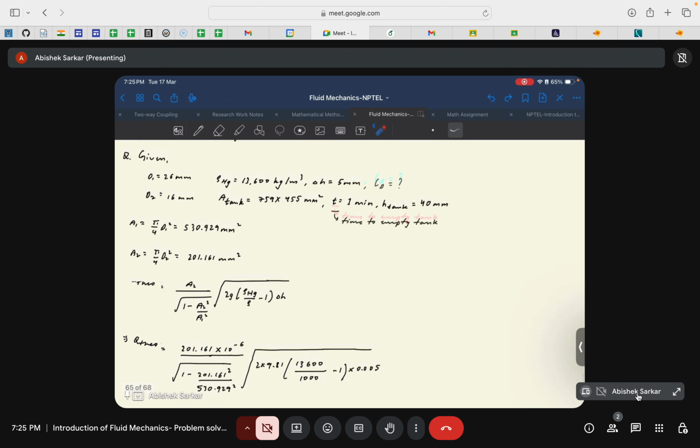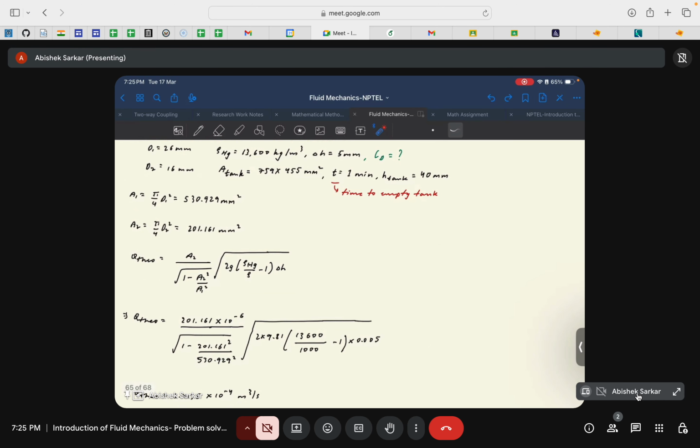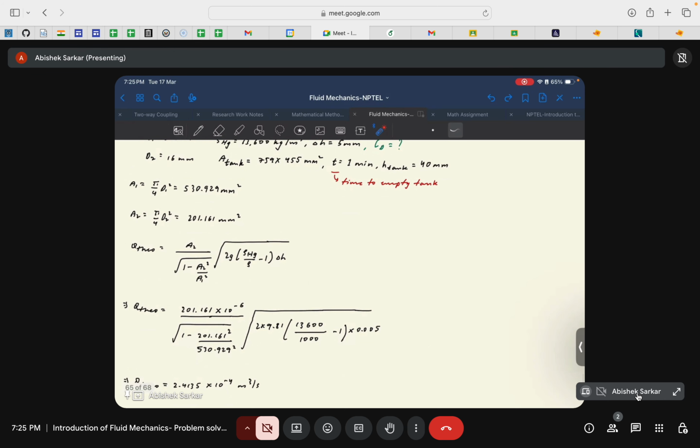So let us now look into it. We know that the theoretical volume flow is given by this equation, which we already found out. A1 follows from D1, which is given, and A2 from D2.